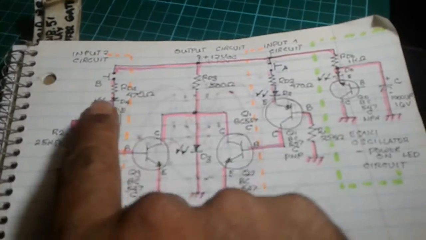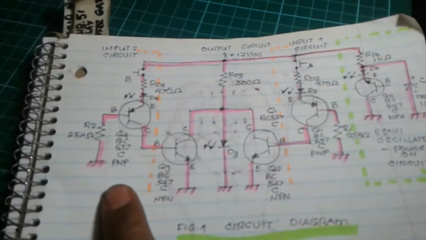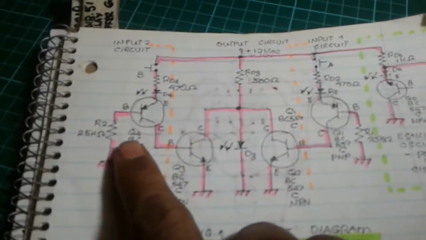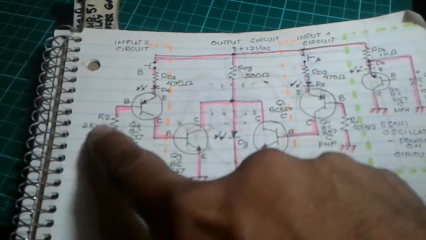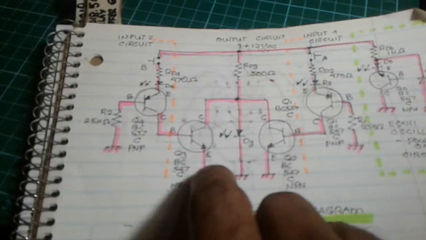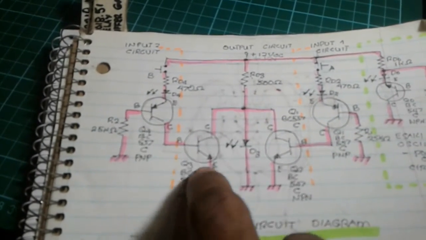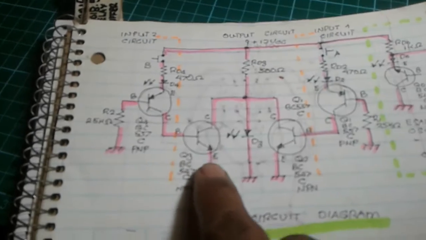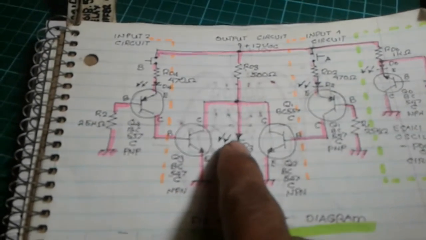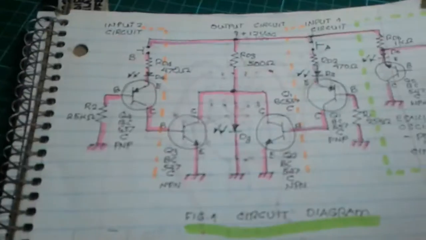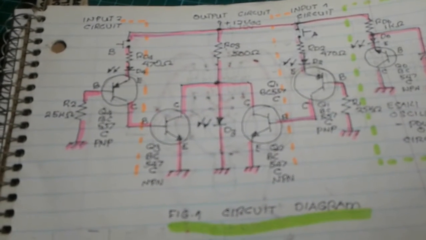So current flows when you push the switch at the switch B. Here and here, two transistors conduct in saturation mode, bypassing this LED because the voltage drop across the LED is 2 volts.